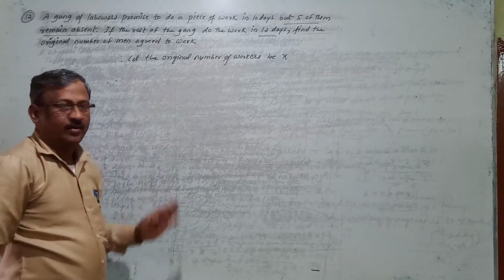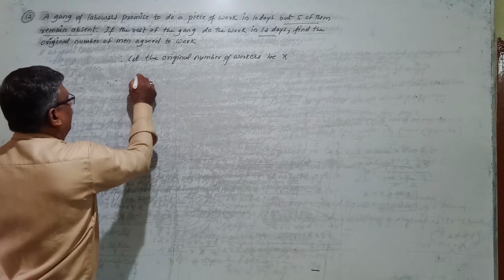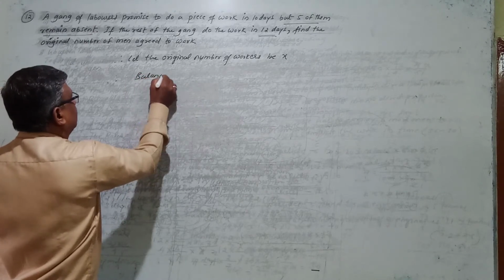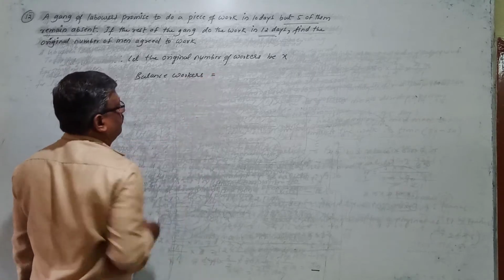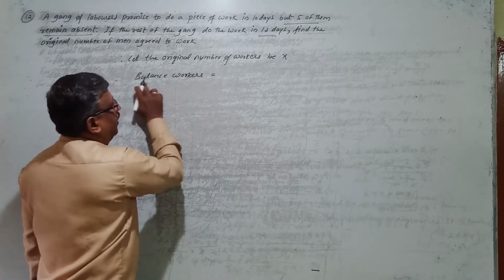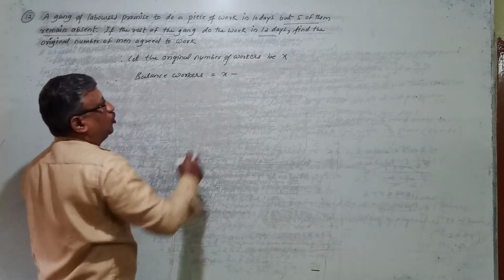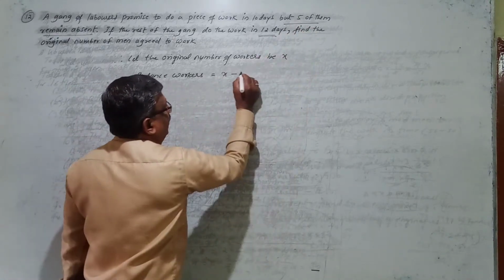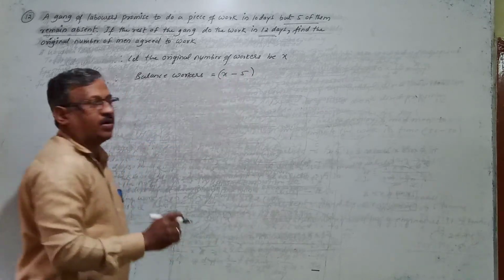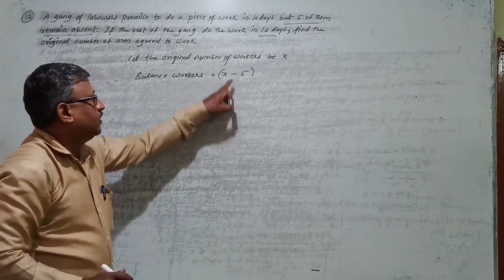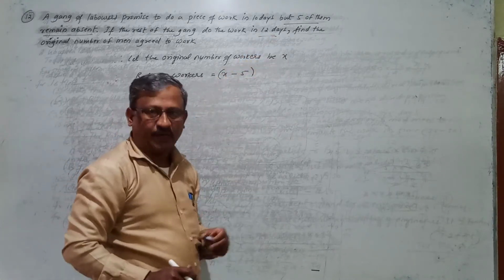But 5 of them have remained absent. Means you have to find out the balance workers, the remaining workers. So from the total number of workers X, you minus the workers who have remained absent, which is 5. So only X minus 5 workers have worked, and these X minus 5 workers have completed their work in 12 days.